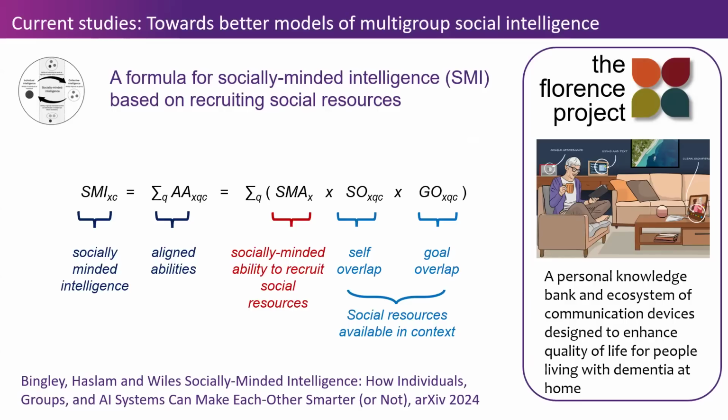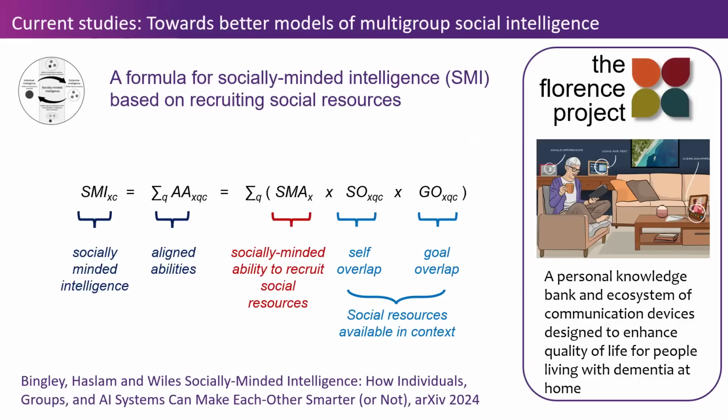For people who have socially minded intelligence, you actually recruit other people towards your own goals. And so, how do you look at what we call these aligned abilities for a particular time or task or event? And thinking about deconstructing it into socially minded abilities to recruit resources, and then what resources are available in that context. So, this is just to mention current work.